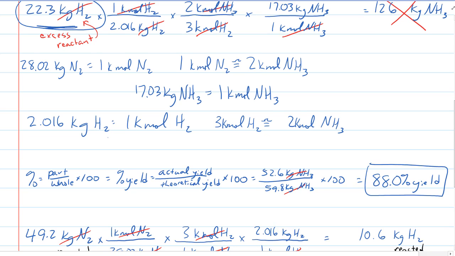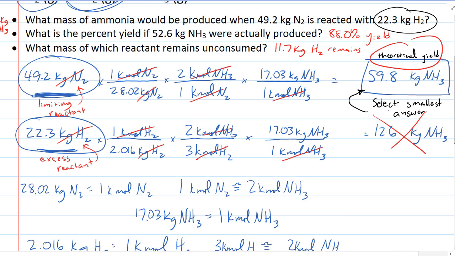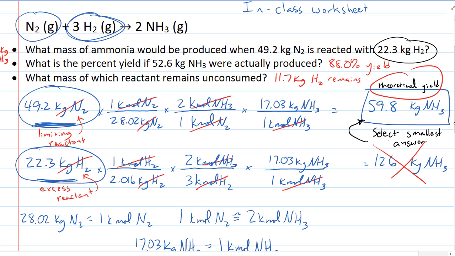The place where I saw the most questions was on the last one, which was what mass of which reactant remains unconsumed. And I saw multiple ways of solving this one, and those multiple ways, in most cases, were correct thoughts, but didn't always result in the correct answer. But what mass of which reactant remains unconsumed?